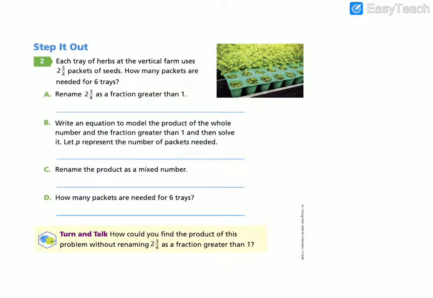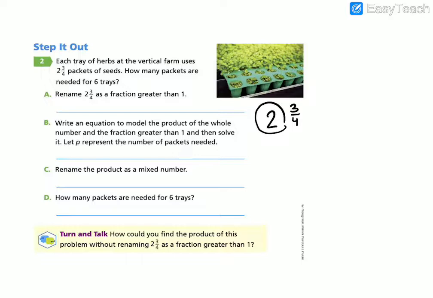Number 2. Each tray of herbs at the vertical farm uses 2 3/4 packets of seeds. How many packets are needed for 6 trays? So we can rename 2 3/4 as a fraction greater than 1. So let's think about this. We have 2 3/4.